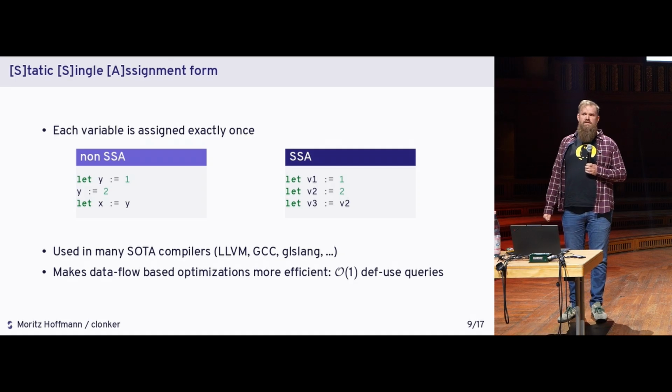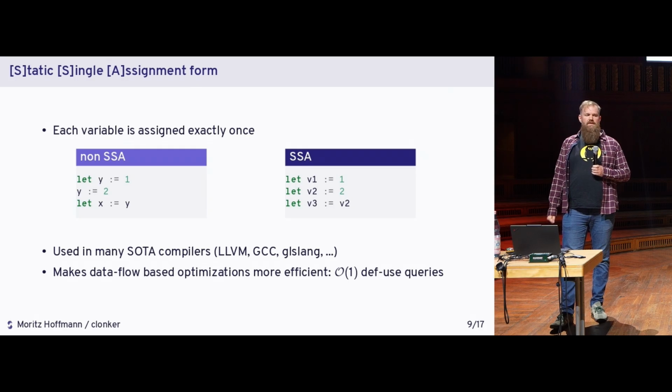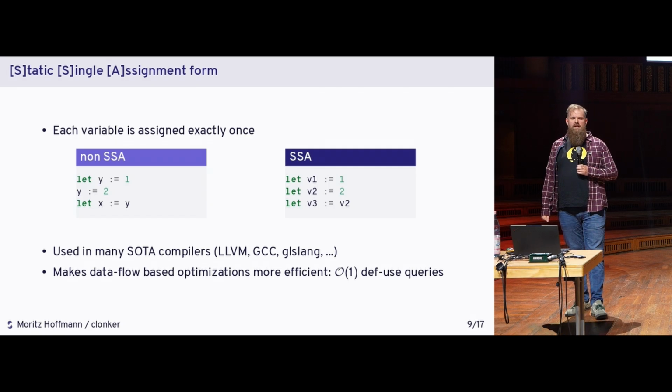And I will translate that into a corresponding SSA form where each variable is assigned exactly once. So everything is constant. We have, instead of 2 variables, 3. So we have to pay a little bit, right? We get more variables, but then everything is constant. V1 is constant, V2 is constant, and then V3 is also constantly set to V2. This is a form of representation that is battle-proven in many major compilers, such as LLVM or GCC.